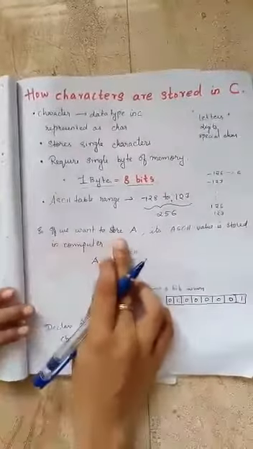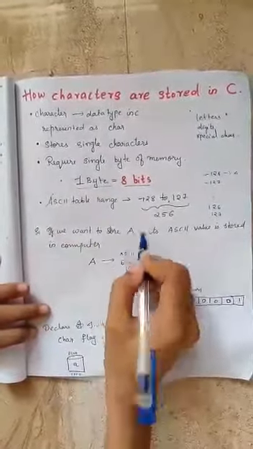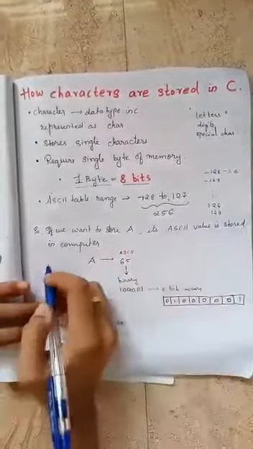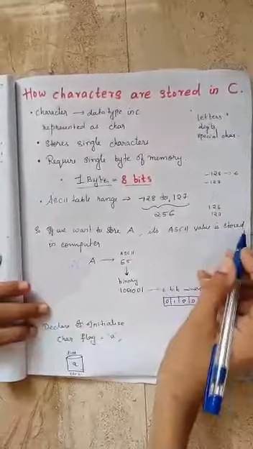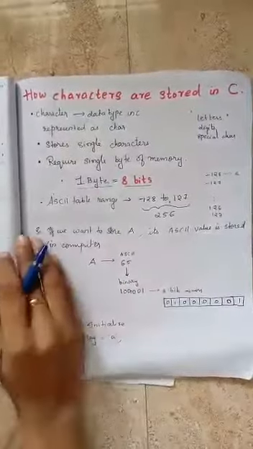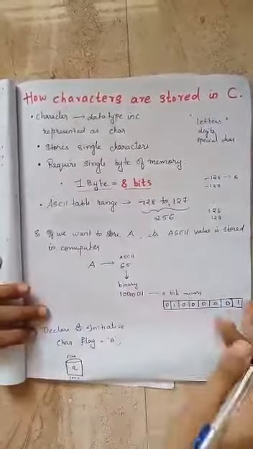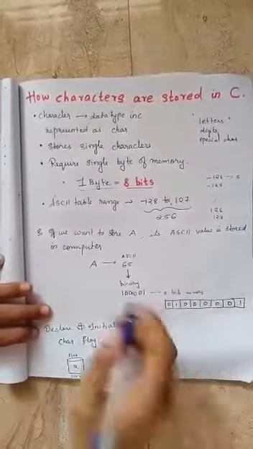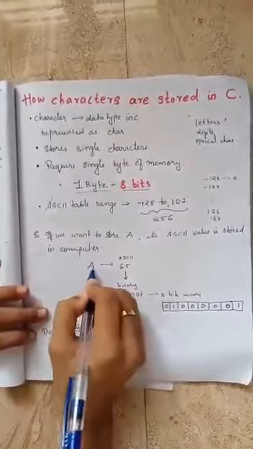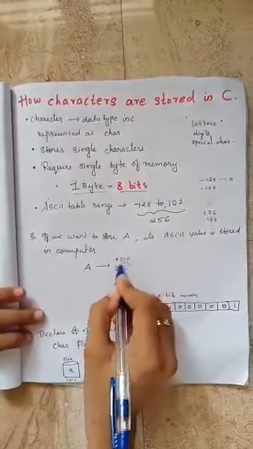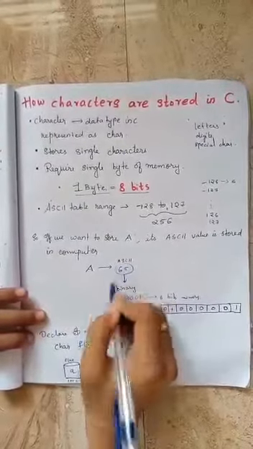So if we want to store capital A, how is it stored? Its ASCII value is actually stored in the computer. The computer can only analyze binary values. If we want to store capital A, it will consider its ASCII value. The ASCII value of capital A is 65.